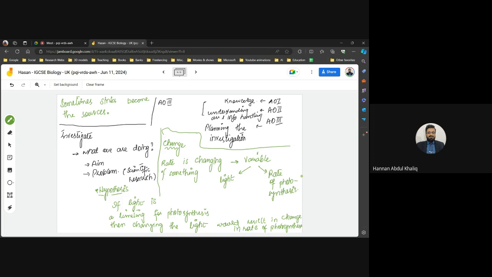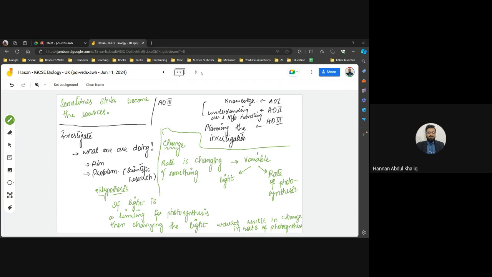Both of them are changing their values. So every factor that would change its value would be called a variable.